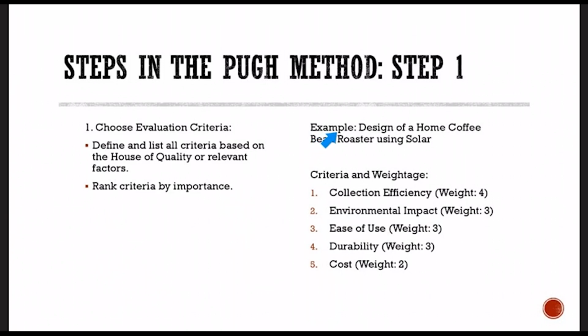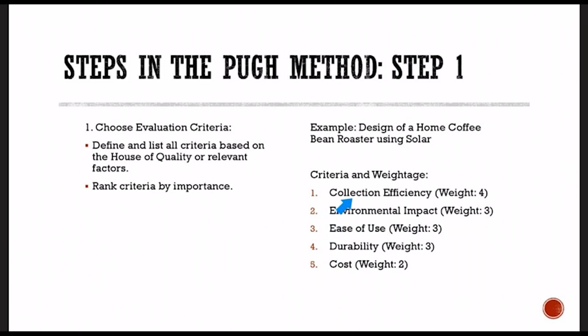For example, here is the example of the design of a home coffee bean roaster using solar. For the first step, we will determine the criteria and their weightage. As you can see, there are 5 criteria that have been determined.